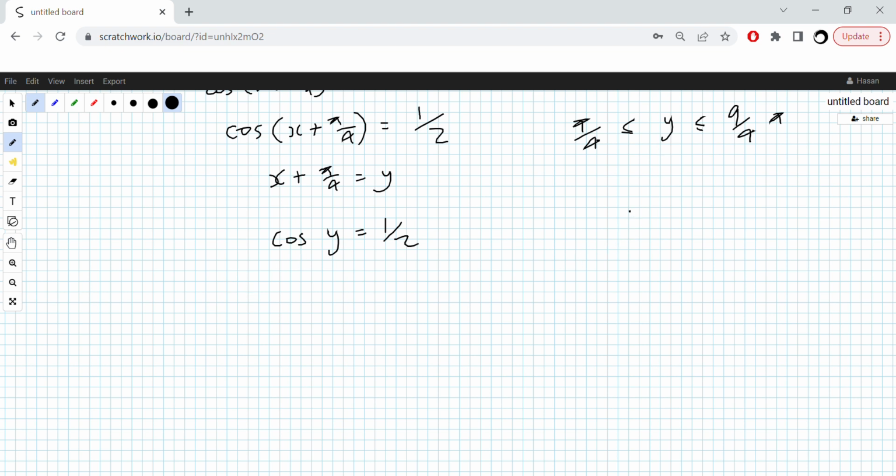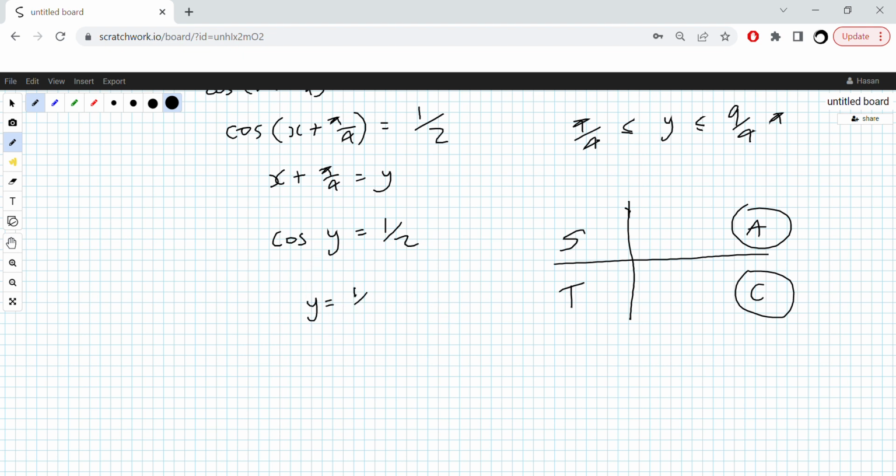So we're going to use our CAST diagram, and because this is positive, that means we have to look in this region and this region, as cos y is positive. We're going to do the inverse of cos, and that's going to give us an angle of y equals a third π.